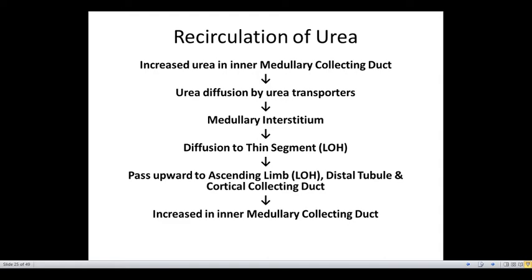From there it passes upward to ascending limb of the loop of Henle, distal tubule and cortical collecting duct, and then it is increased again in the inner medullary collecting duct. So in this way, this urea recirculation provides an additional mechanism for forming a hyperosmotic renal medulla.